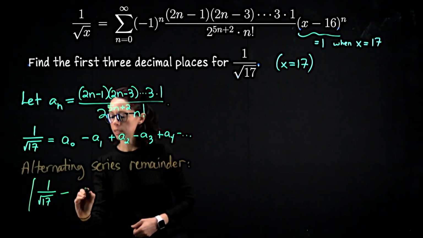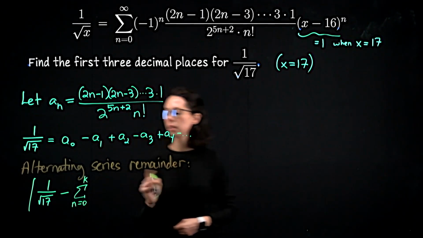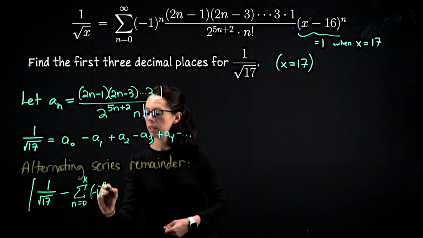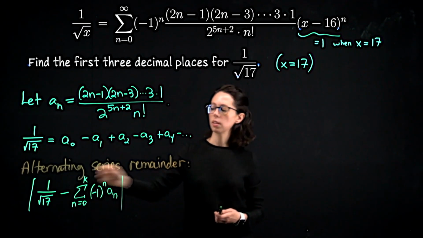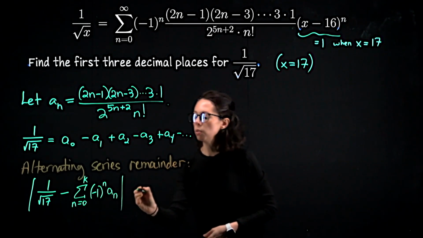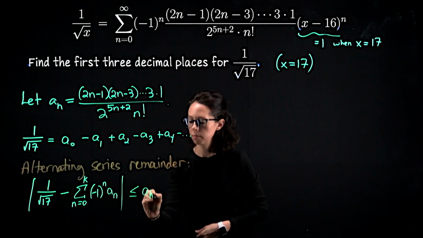So if I measure the distance between the true value and the estimation starting at n equals 0 and going through some top index k, of negative 1 to the n a sub n, this distance, which you can think of as the size of the remainder, the size of the error, is no larger than the next term, a sub k plus 1.